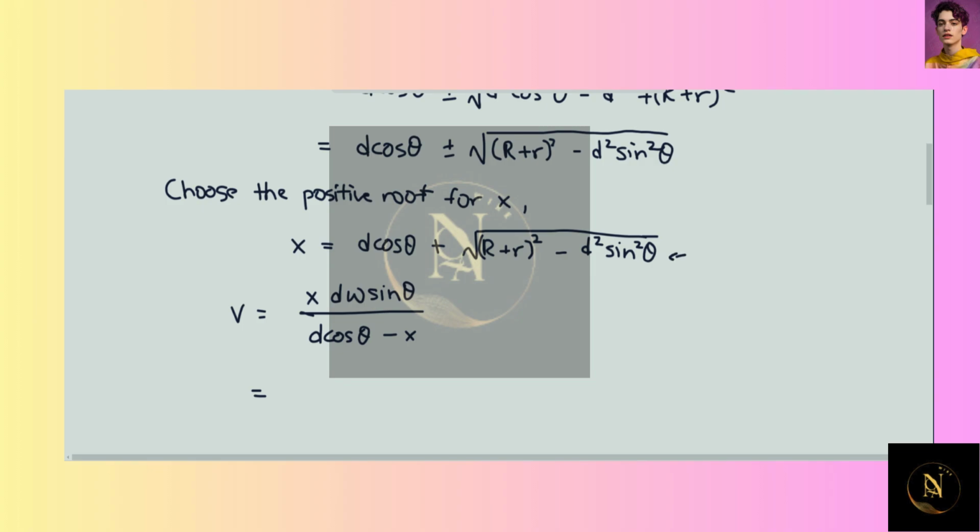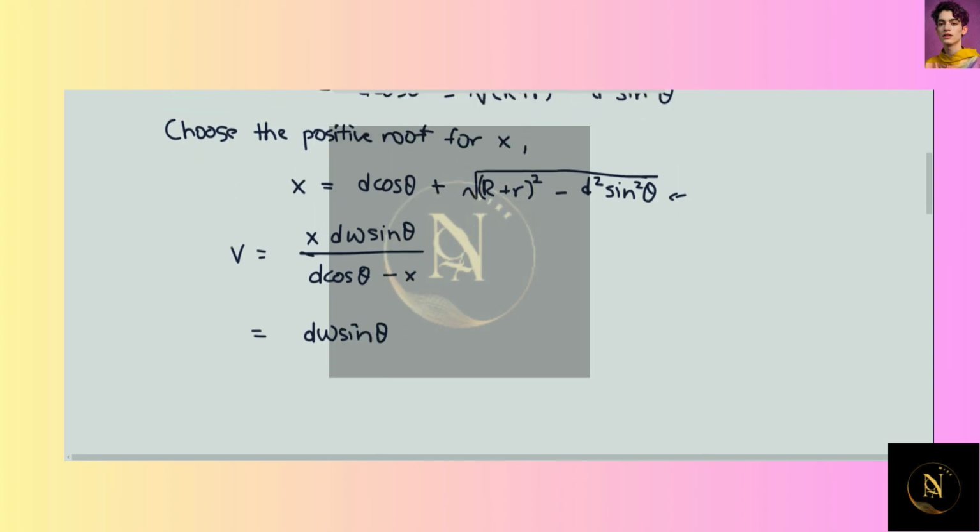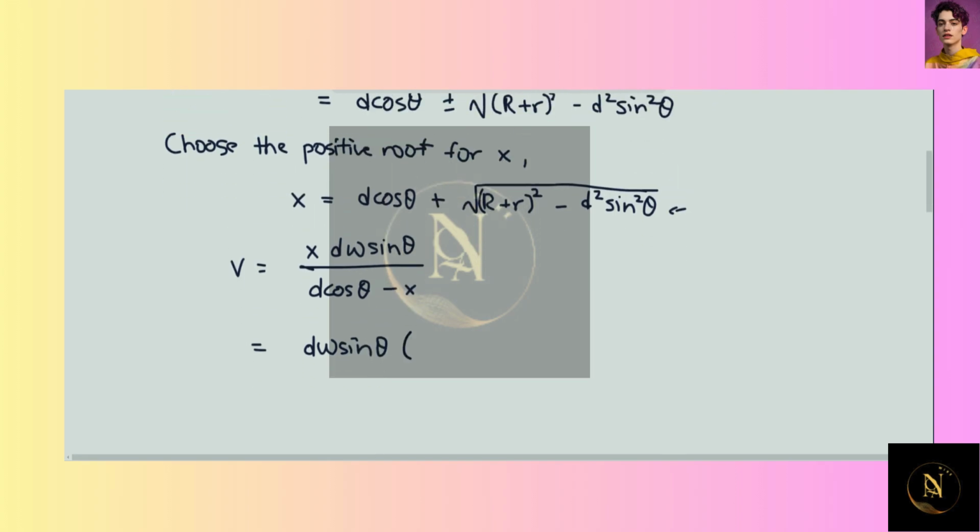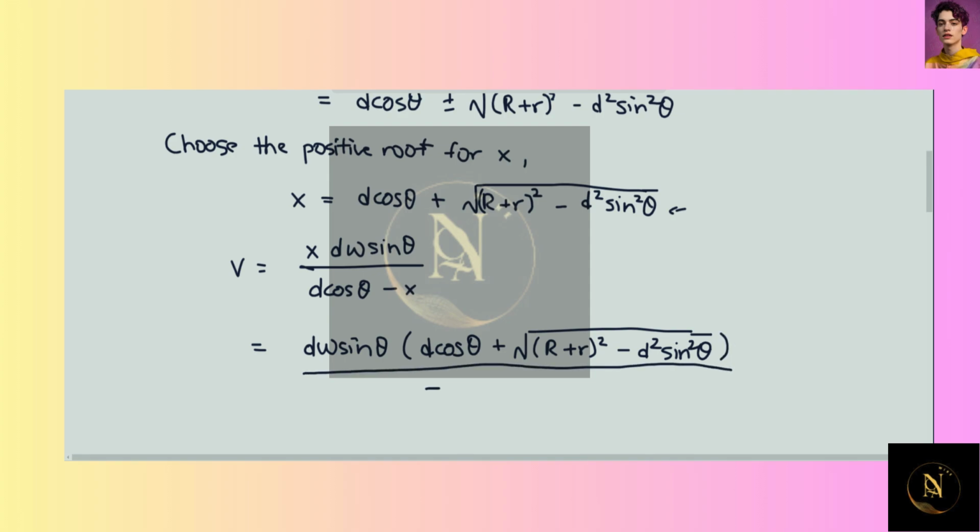So we get d omega sine theta times d cosine theta plus the square root term, (R plus r) squared minus d squared sine squared theta, divided by negative the square root term.